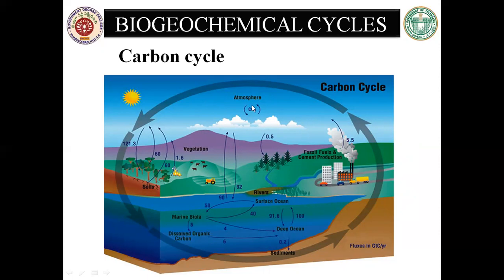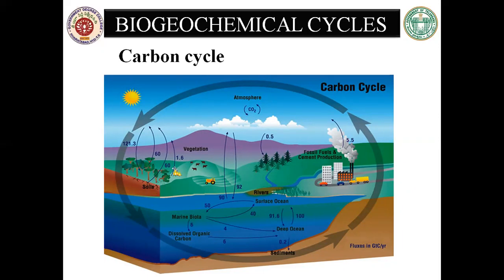So carbon dioxide, which is present in the atmosphere, is utilized by the green plants, that is producers, to prepare their food through the process of photosynthesis in the presence of sunlight, and carbohydrates are formed. These complex fats and polysaccharides formed in plants are utilized by the animals in the ecosystem for the food chain.